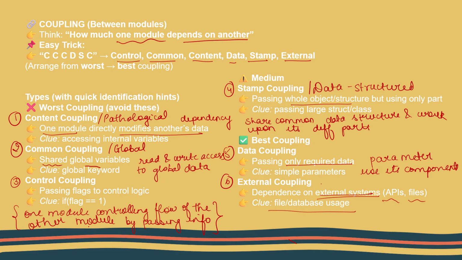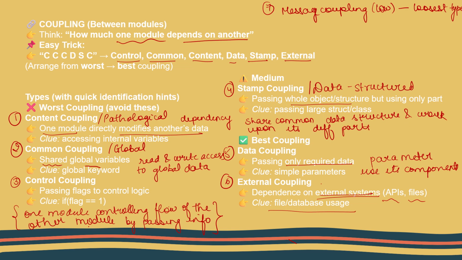Then there's one more that is not listed here, that is message coupling. Message coupling, in bracket you can write low. This is basically the loosest type of coupling.